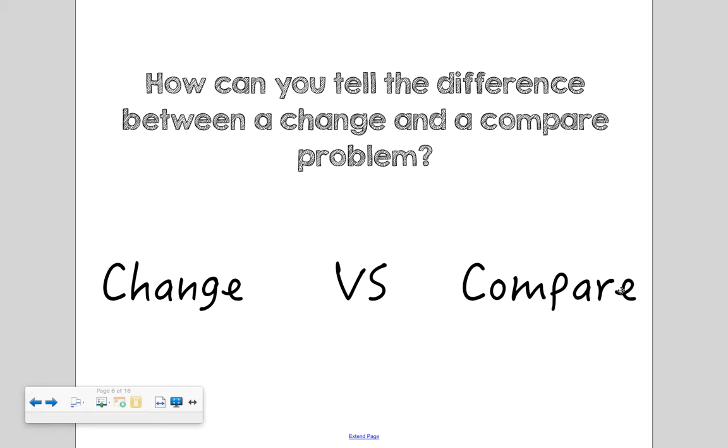So in a change problem, it usually starts off with something or someone, and a certain amount is in our pile, and someone takes some away or adds some to our pile, and then we have a new amount.